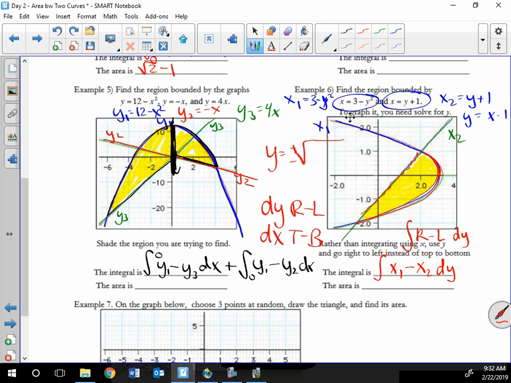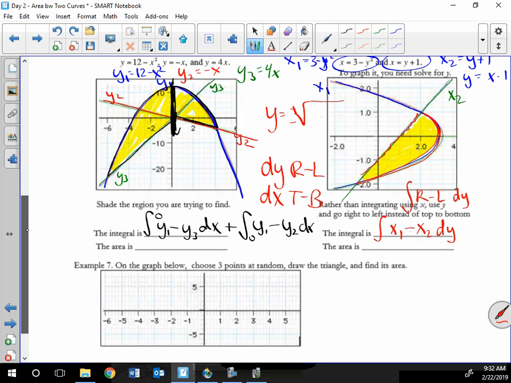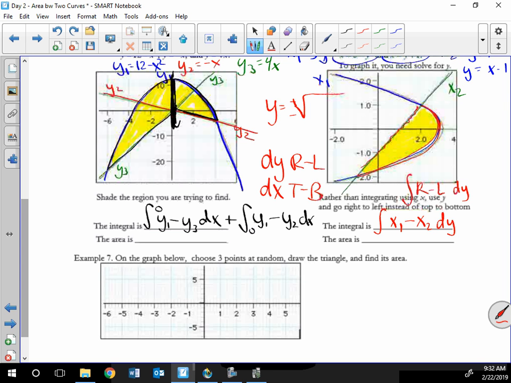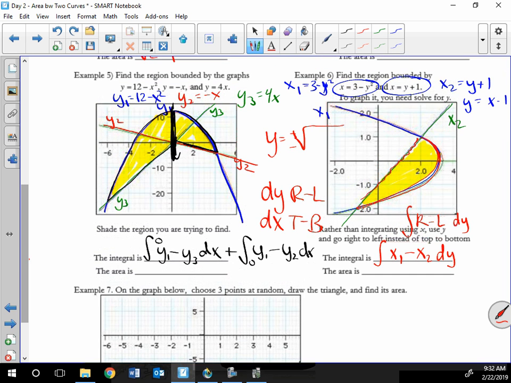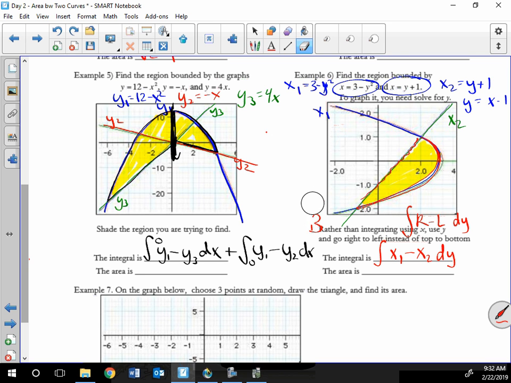So when I find my intersection here, let's go ahead and actually do that real quick. I'm going to sneak it in here. So I have 3 minus y squared equals y plus 1. I'm going to probably have to factor here.